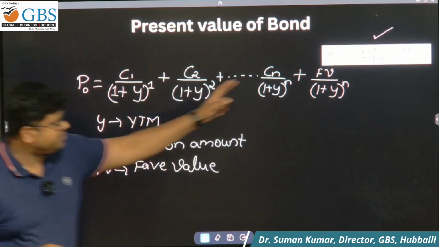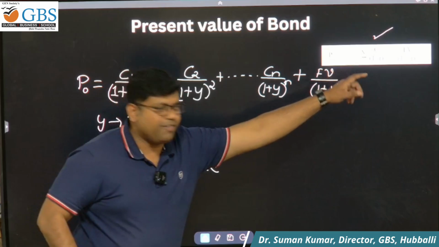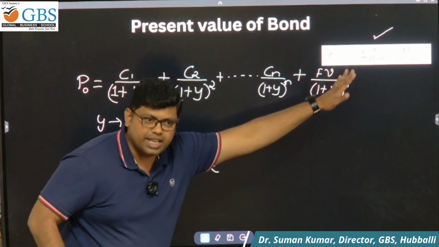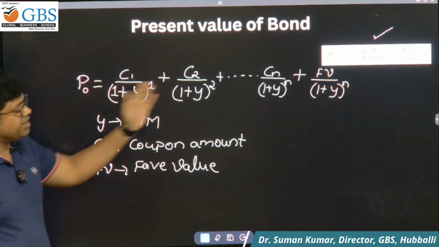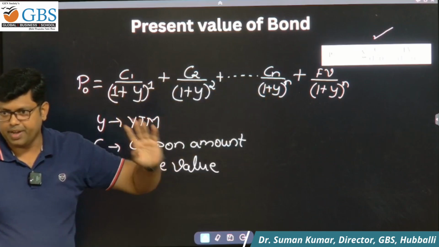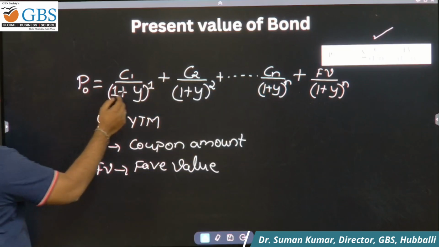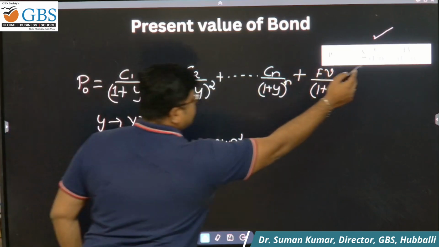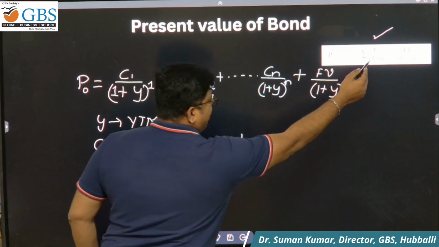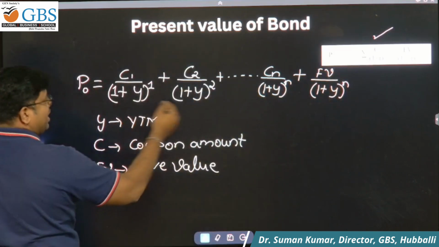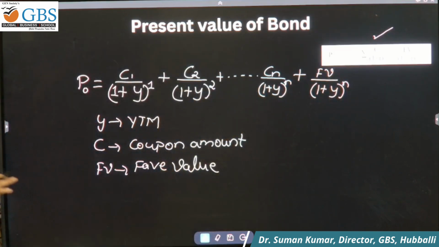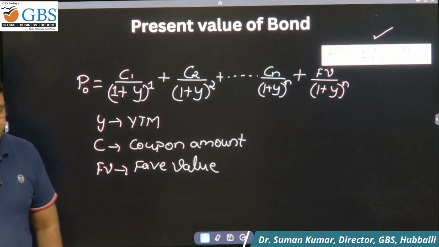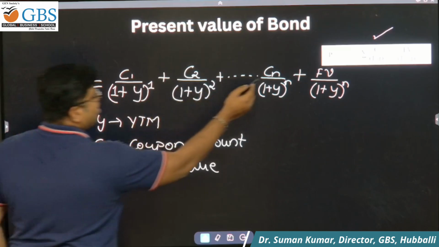Both are the same. Either you can use this formula or you can use this formula. If you write this, the next step you need to write this. Simple, expansion.